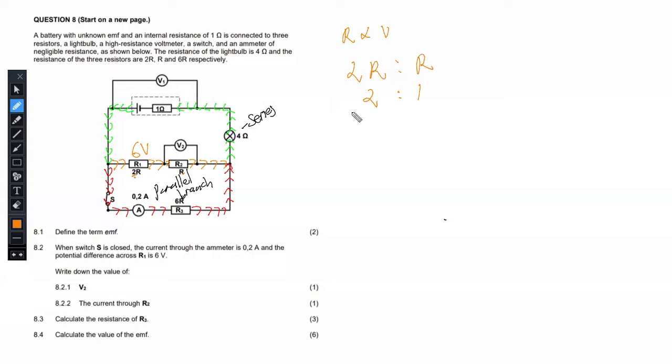So if this here has a voltage of 6 volts, and R2 has only a resistance of R, that means according to this relationship, the smaller the resistance, the smaller the voltage, right? What would be the voltage in here? This is X here. So this is just 2X is equal to 6 volts, and if we divide by 2, our X is just going to be 3 volts, right?